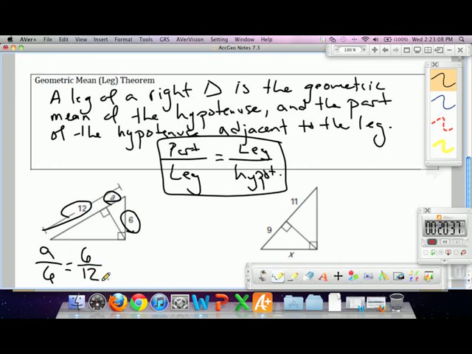That would be an equation you could set up as a proportion to solve for a missing piece. Part over leg is leg over hypotenuse. Oh, so this is saying that just this part is A, and this whole thing is 12. So this smaller piece would be 12 minus A, if you wanted to set up another equation.